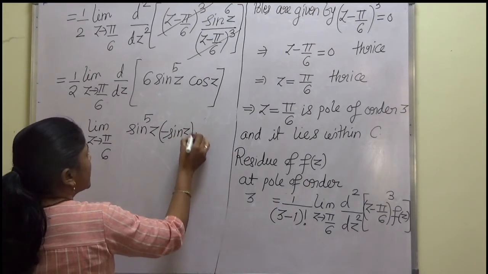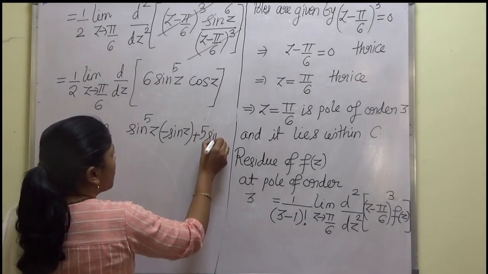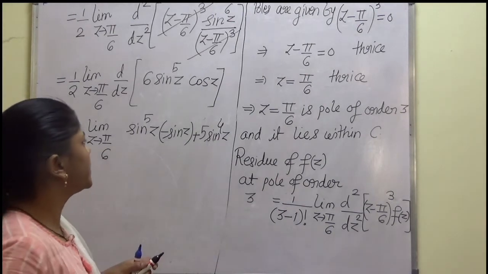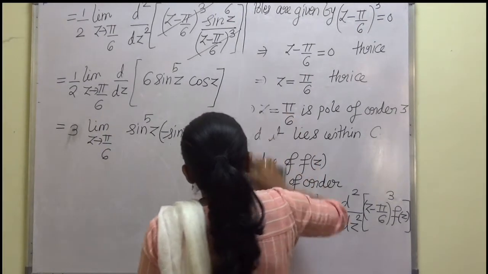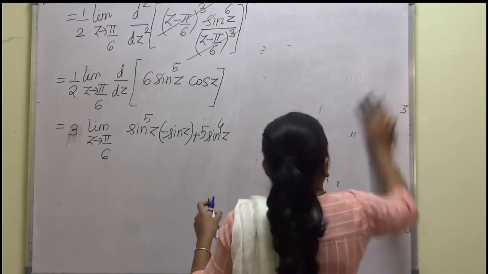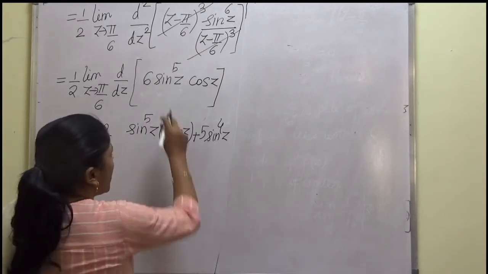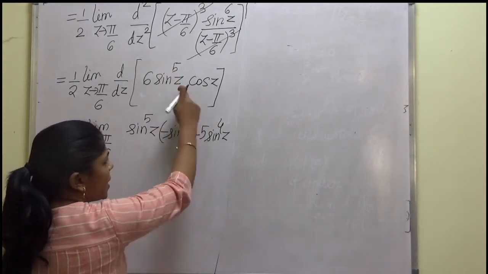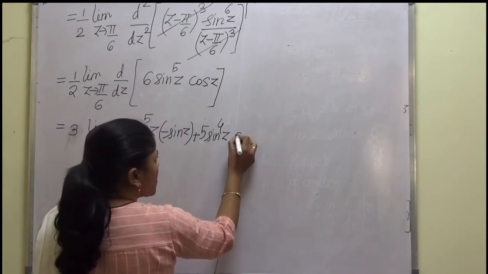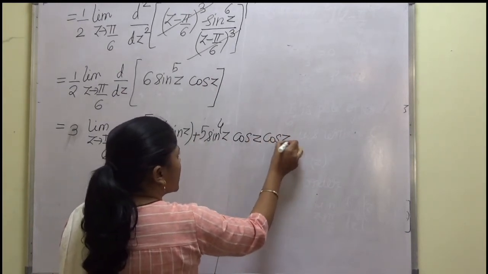Then plus the derivative of sine to the power 5z, which is 5 sine to the power 4z, into the derivative of sin z, which is cos z, and the first function as it is, cos z.